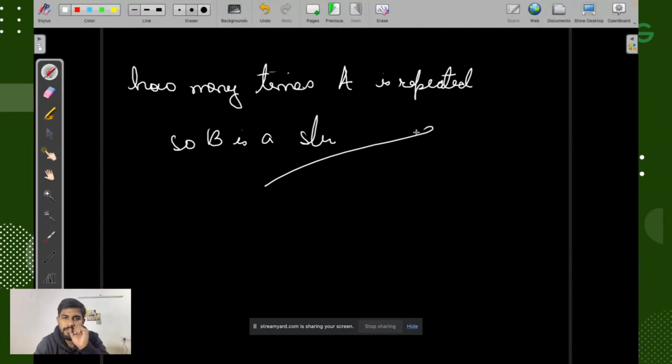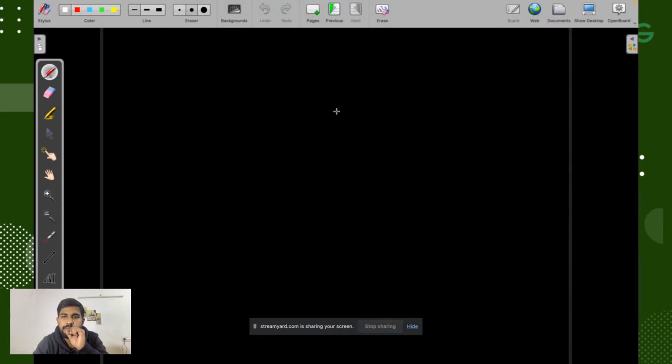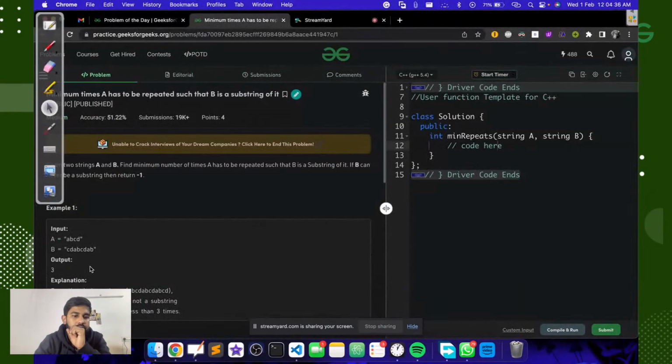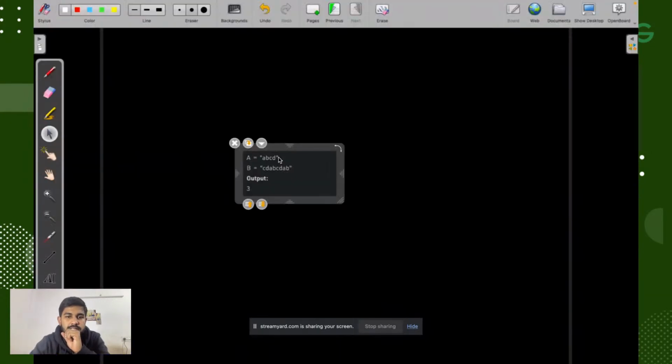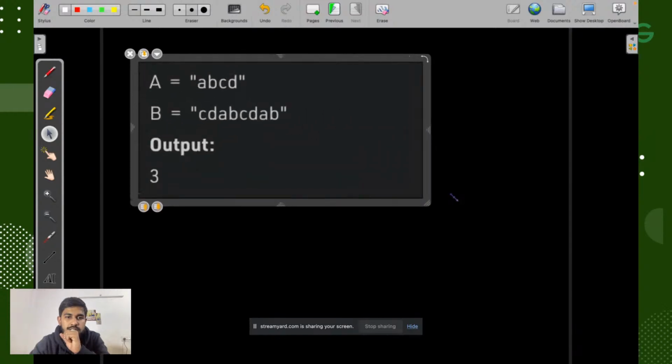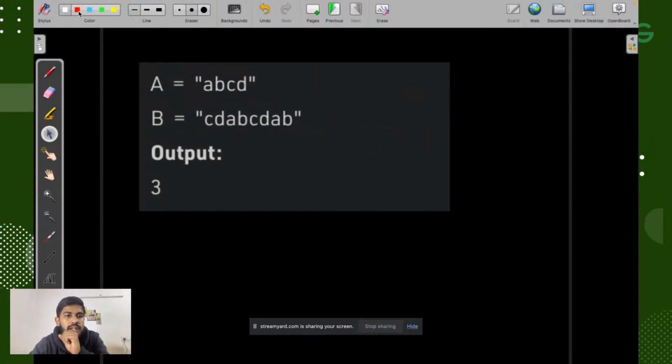Now let us try to solve the first sample test case. The first sample test case is very easy to understand. If you see here, A, B, C, D, and then again A, B, C, D, and this is again A, B, and then C, D itself.